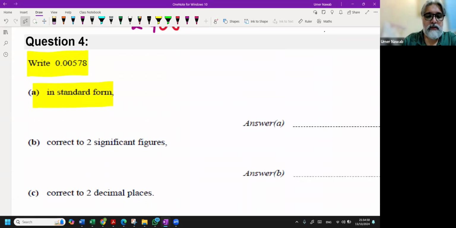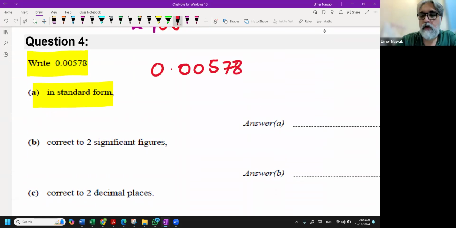So standard form. 0.00578. I want to write this number in the standard form. So in the standard form, to make the number between 1 and 10, I have to move the decimal between 5 and 7.